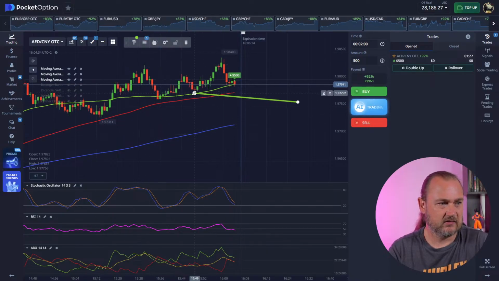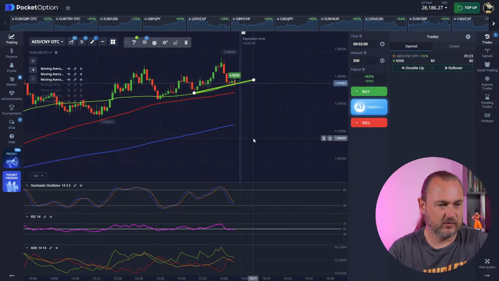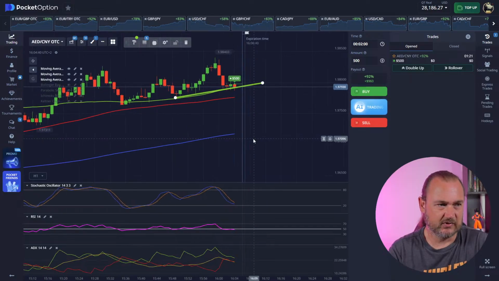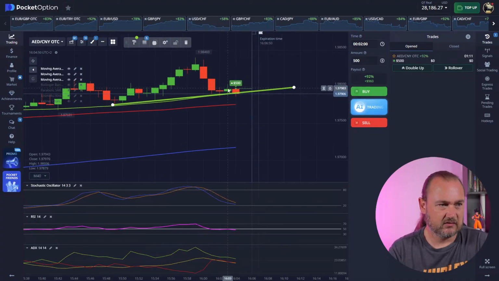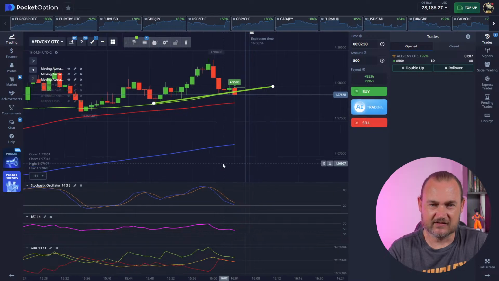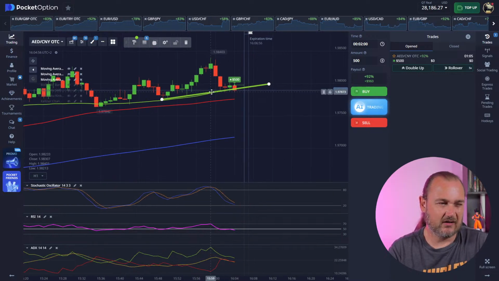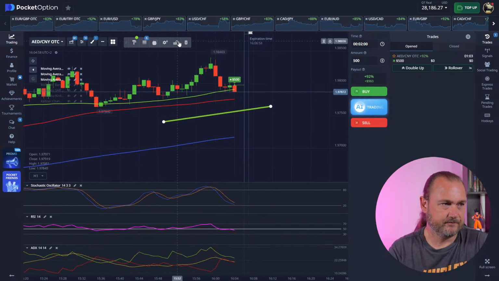This pullback right on the close of this candle did mess with my setup a little bit, but we have some bullish divergence. We can see that this low is higher than that low, but my low on my stochastic is lower. This pullback pulled the RSI back just below the 50 line, which is not ideal.